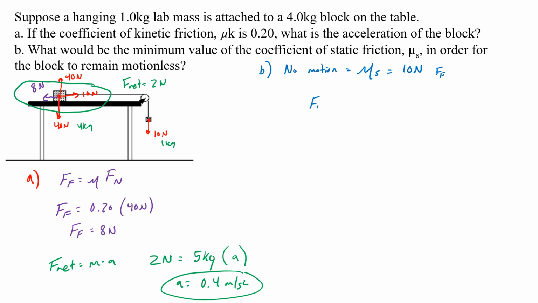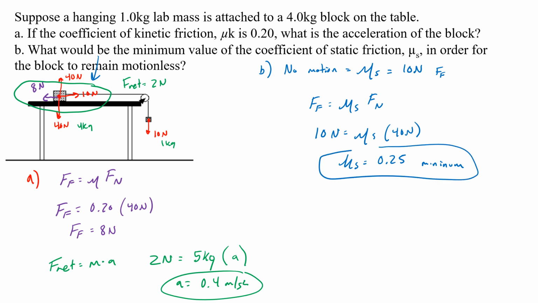So if I need a force of friction of 10, well, that tells me 10 newtons is equal to this coefficient of friction we don't know, times the normal force of that block, which is still 40. So for this block over here to not move, we need at least like 25% of the normal force to get turned into static friction, so minimum.